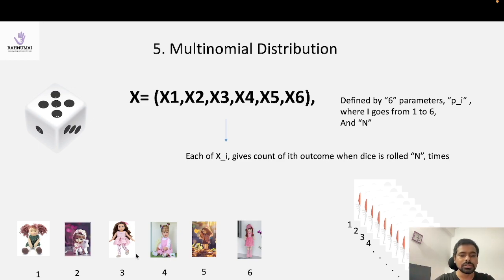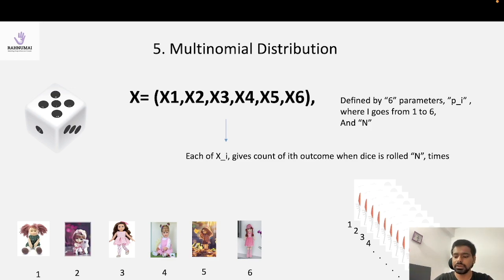The shopkeeper might be interested in knowing which type of dolls are being bought more, or what is the expected number of times this doll will be bought. These are the relevant questions the shopkeeper may be interested in. This is an example showing how the multinomial distribution models this scenario. So this is all about multinomial distribution I wanted to share.